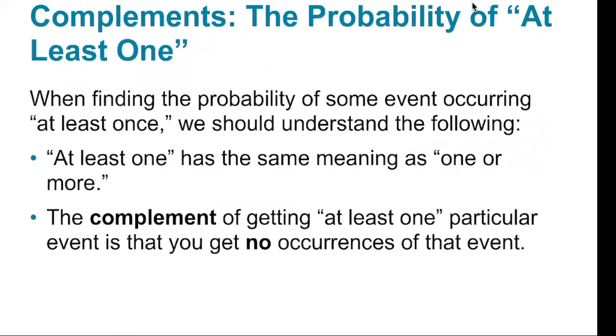If I said at least one student in the class is 20 years old, that means I have one or more. The complement to that would be no students being 20 years old. So at least one 20-year-old, there could be 7 of you. But if I want to have the complement of at least one, that means no 20-year-olds.